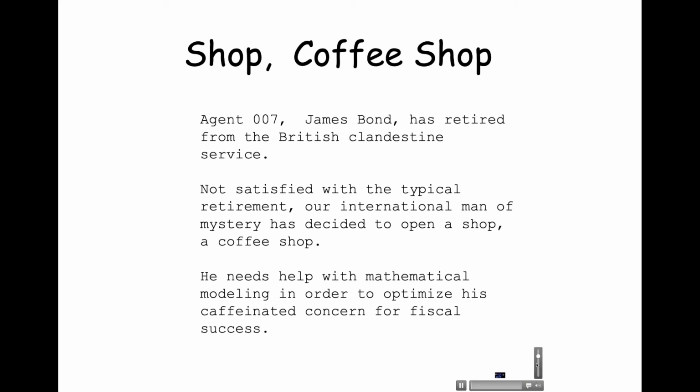Not satisfied with his retirement, our international man of mystery has decided to open a shop, a coffee shop. He needs help with mathematical modeling in order to optimize his caffeinated concern for fiscal success.